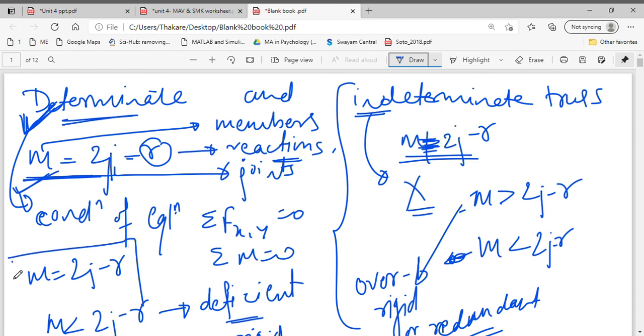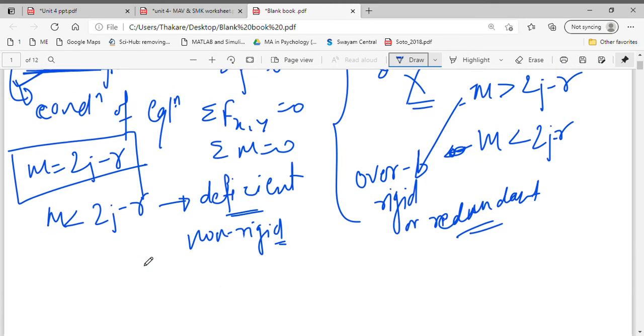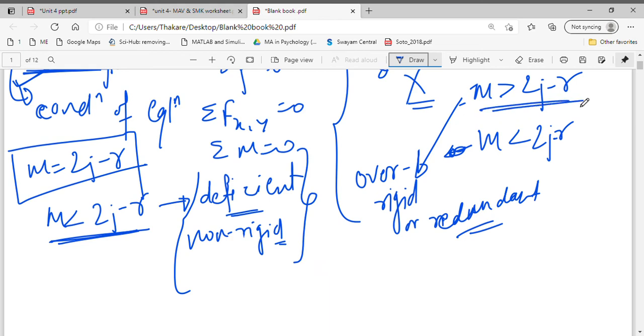If M is not equal to 2J minus R, there are only two conditions: either M is less than 2J minus R or M is more than 2J minus R. If M is less than 2J minus R, it is a deficient truss or non-rigid truss, and if M is more than 2J minus R, it is an over-rigid truss or redundant truss.